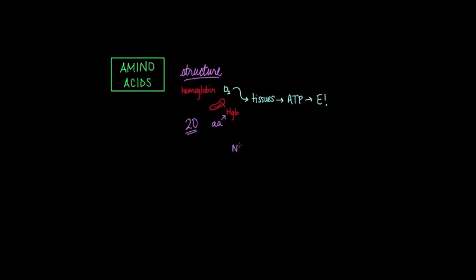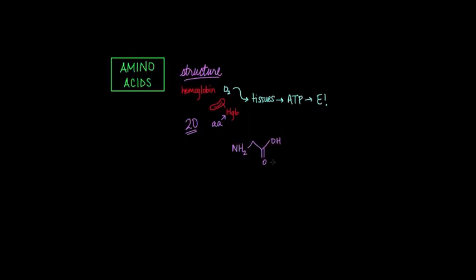First, we have the amino group. And then we have the carboxylic acid group. Already you can start to see where the name amino acid comes from. You have amino from the amino group, and then you have acid from this carboxylic acid group here.